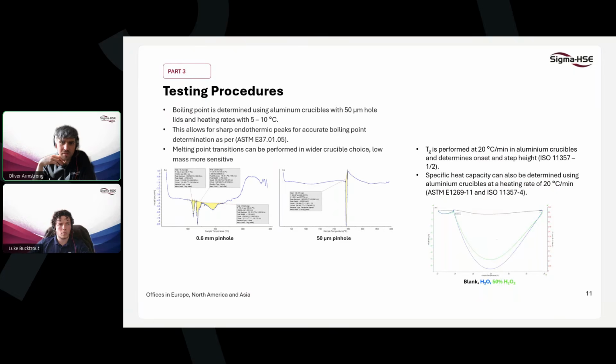Typically, a lot of the ISO methods for DSC characterization seem to have been focused on polymer systems and organic materials, oils, lubricants, and so on, while the ASTM methods we use for decomposition energies that Luke was talking about give much broader guidance for the analysis of a wider range of materials, which really suits our motive here at Sigma of chemical process evaluation and process safety.